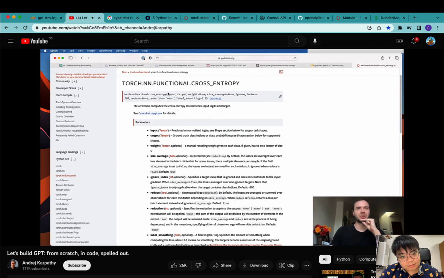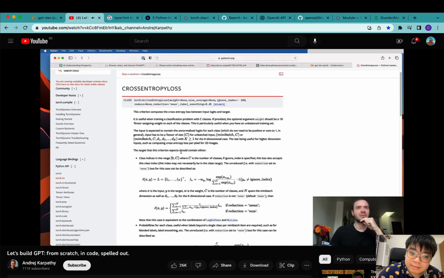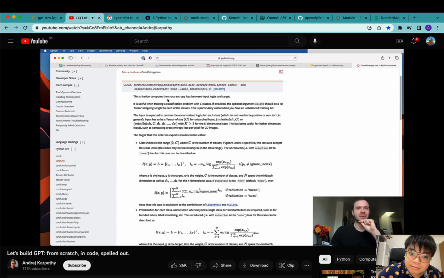Now, when we go to the PyTorch cross-entropy documentation, we're trying to call the cross-entropy in its functional form, so we don't have to create a module for it. But when we go to the documentation, you have to look into the details of how PyTorch expects these inputs.